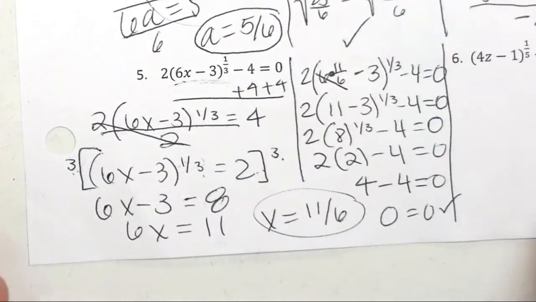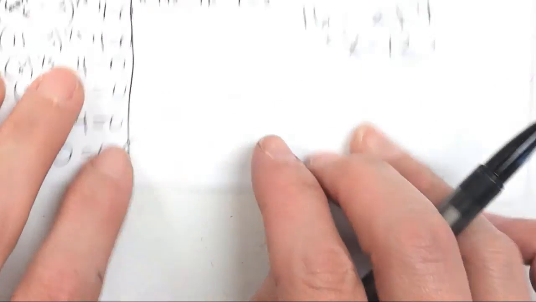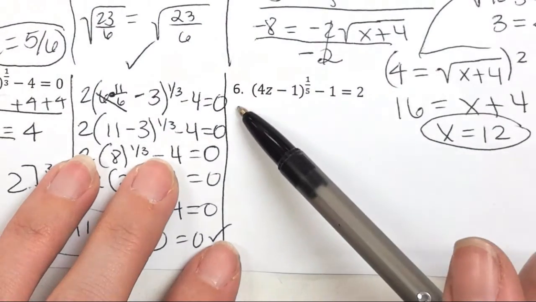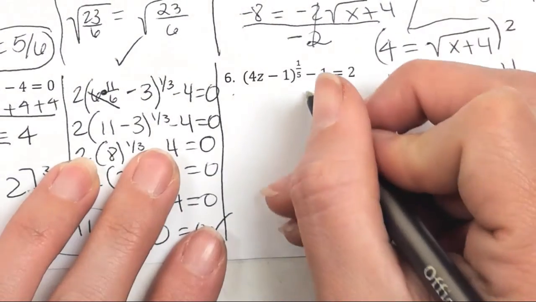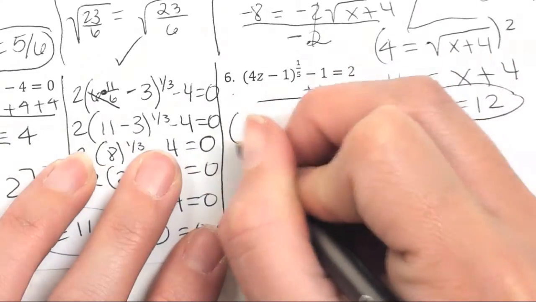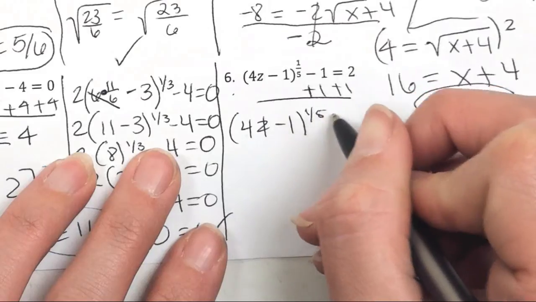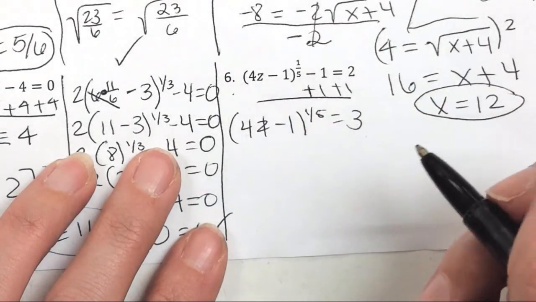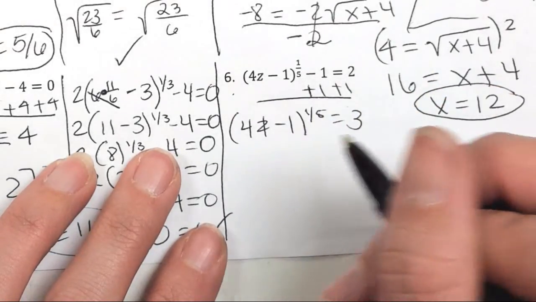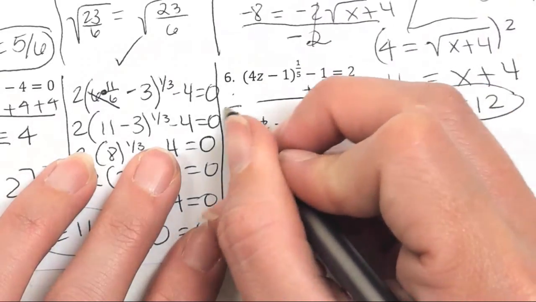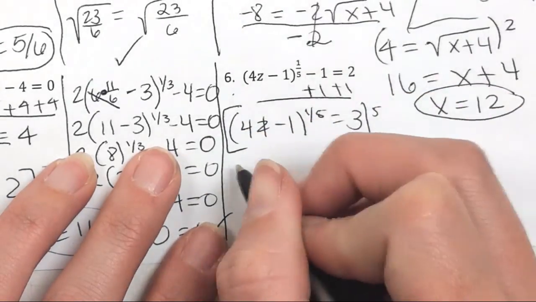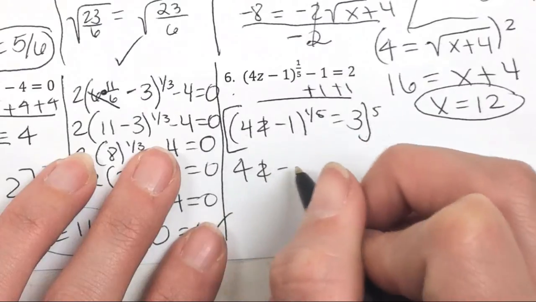Alright, last one. So we got to get this by itself first, z. So we're going to add 1. So we'll get 4z minus 1 to the 1/5 power equals 3. And then we raise everything to the 5th power on the inside to get rid of this. So we'll get 4z minus 1.